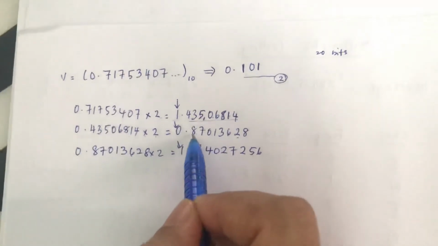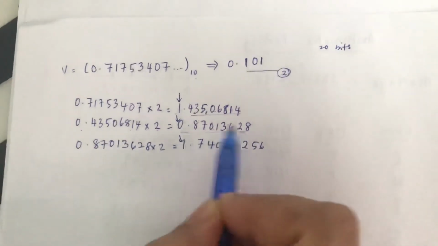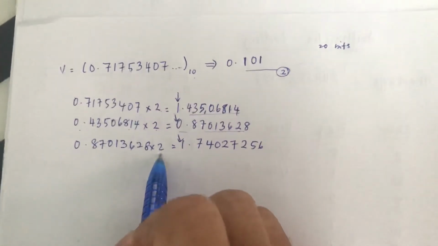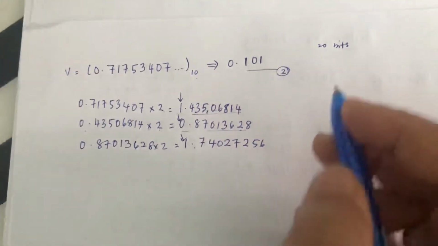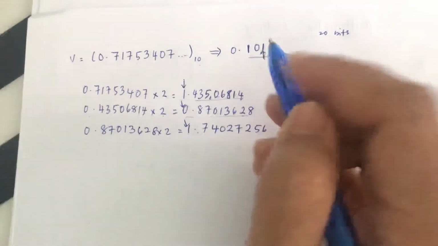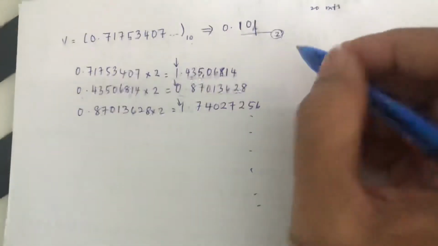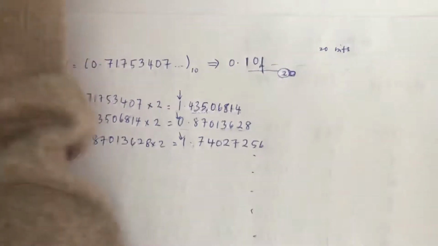Again, continue by multiplying this number with 2. Then you will get 1.7. So next will be the 1 to be encoded. So you have to continue until 20 bits. That's why you get this one.